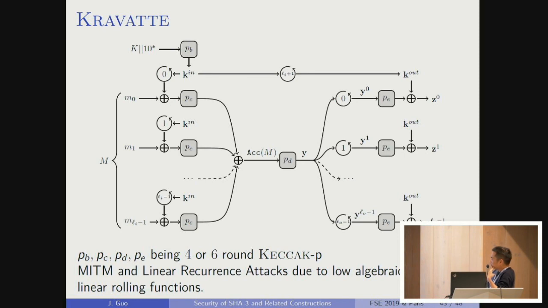Then we look at PD plus PE as one permutation of a few rounds. If it's 4, then this plus this is a permutation of 8 rounds. If it's 6, then this is a permutation of 12 rounds. We look at this together, and we actually do meet in the middle, meaning we find a big enough affine subspace here.